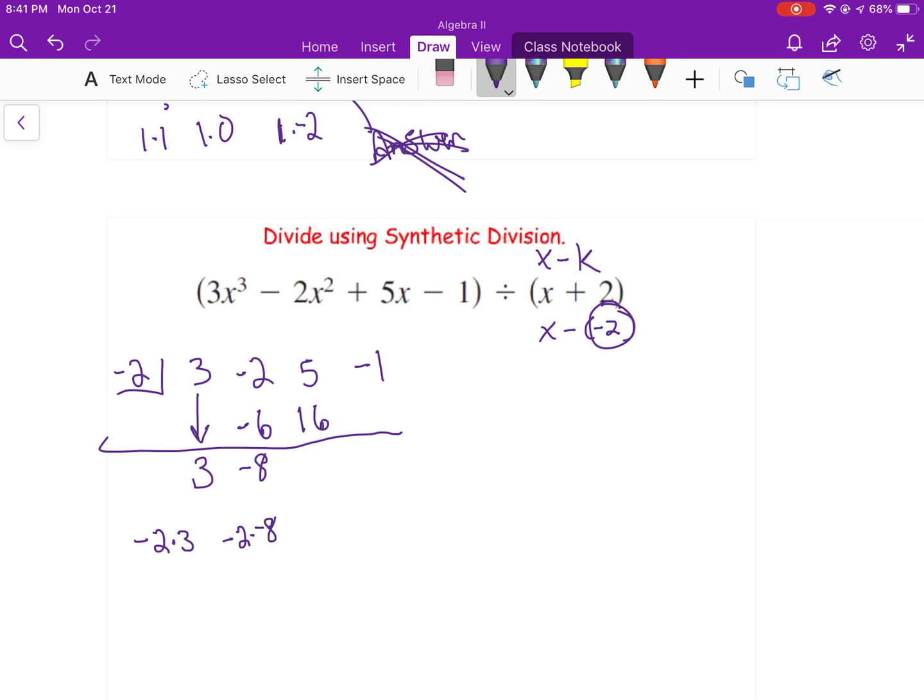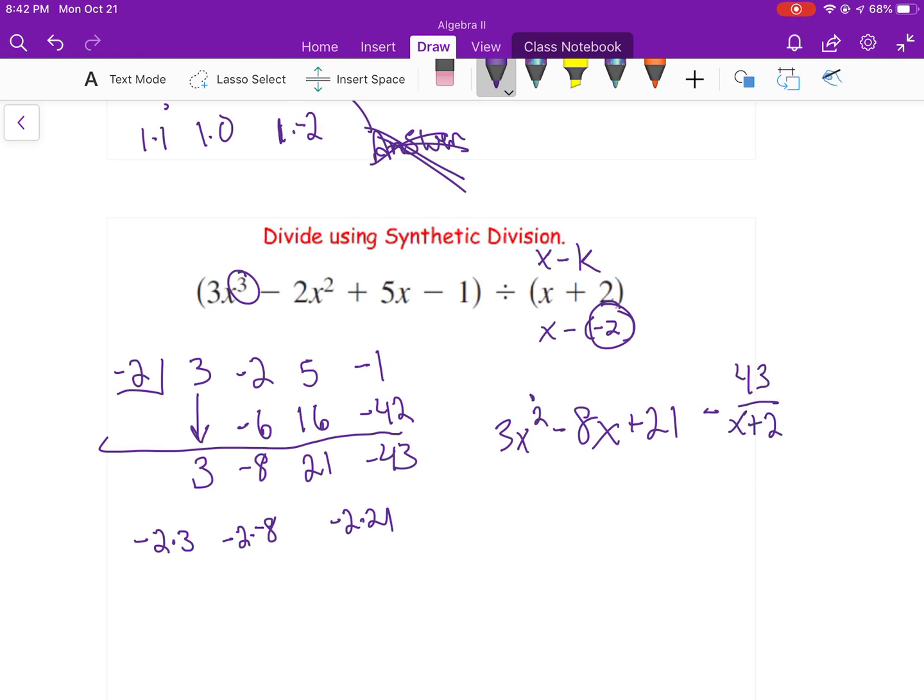Multiply, I got positive 16. 21, multiply by negative 2, and get negative 42, so negative 43. Now, this is a cubic, so this would be 3x to the second, 1 smaller than what we started with, minus 8x plus 21 and minus 43 over whatever you divided by, and that was x plus 2.